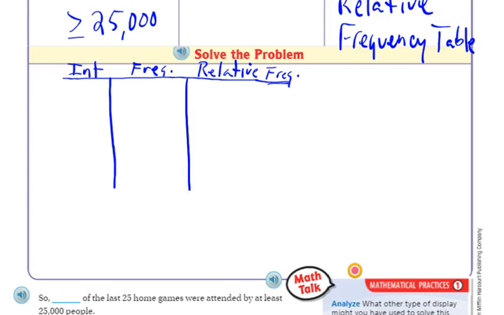So the first interval that we're going to create is going to be 10 to 14. And then if we're going every 5, that'd be 15, 20, 25, 30, and 35. All right, because we're counting up by 5s.